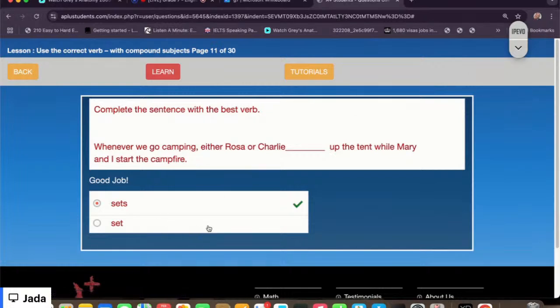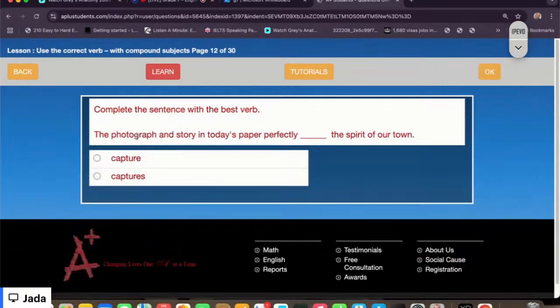So sets the campfire. The photograph and story in today's paper perfectly dash the spirit of a town. What do you think is the right one?